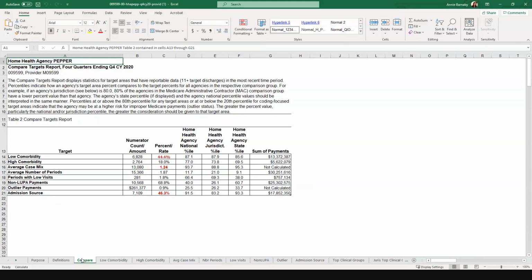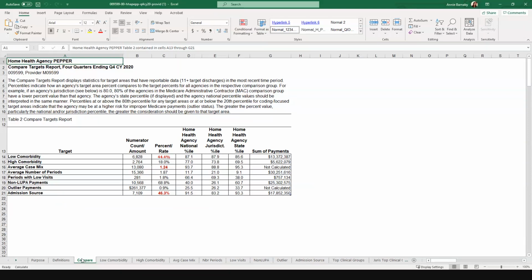So you can see in the description at the top here, if an agency's jurisdiction is 80%, 80% of the agencies in the MAC comparison group have a lower percent value than that agency. And then the state and the nation are displayed in the same manner.